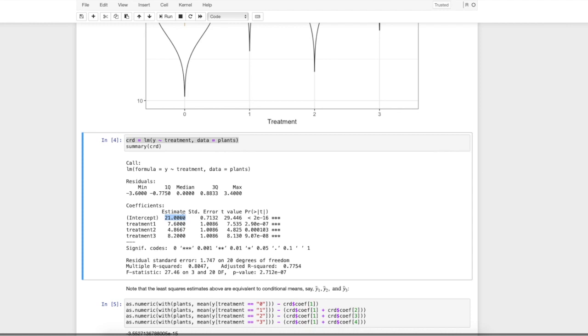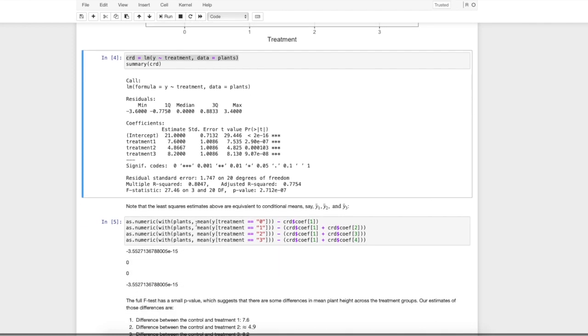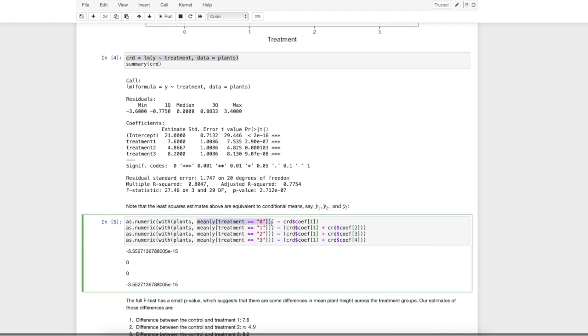Now I think it's worth mentioning that these least squares estimates that you get from linear regression are equivalent to conditional means, say y1 bar, y2 bar, and y3 bar, that you would get from just taking the mean of the response where you set the treatment equal to 0, 1, 2, or 3. So in particular, here I've set the treatment to the 0, the control group, and I've taken the mean of y, and then I've subtracted off the intercept term in the model above, and that gives me effectively 0.